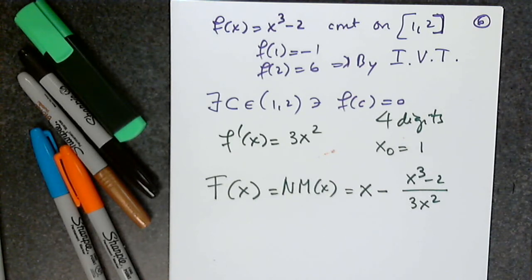The best idea is to put parentheses on the denominator. You can say it's only one term, but if you don't put parentheses, it will only divide by 3 and not by x squared. So be careful. Parentheses 3x squared, close the parenthesis. And this is Newton's method.